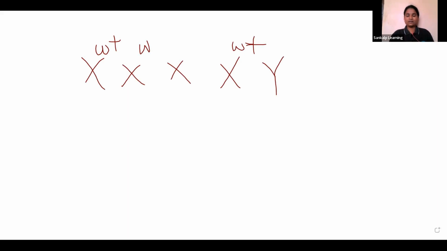I'm also getting some confusion here. XW plus XW, XW plus Y. Please, I want to know what combinations come in the F1 generation. Take your 2 minutes of time and let me know. Try it.